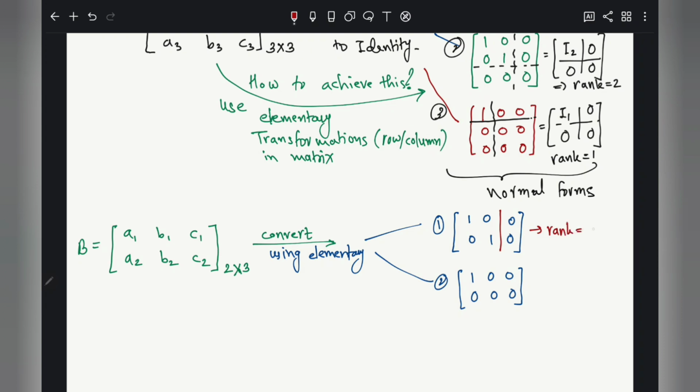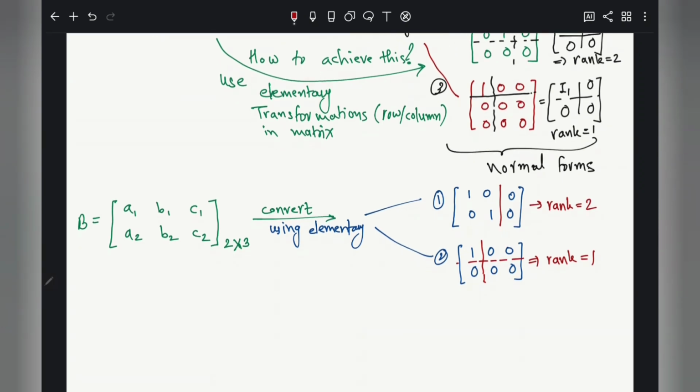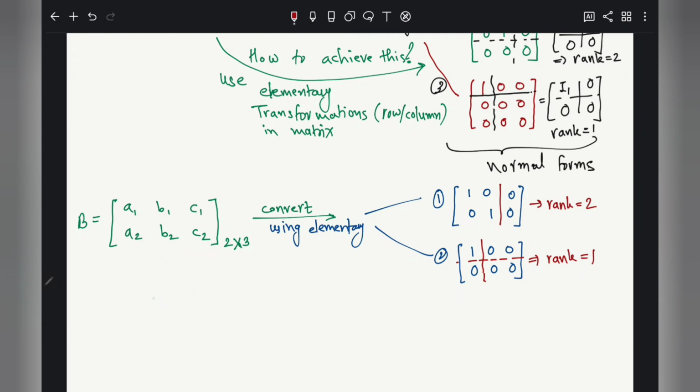In this case, if you see, this is the identity matrix that you have, and hence the rank will be 2. And here this is the identity matrix of order 1, so rank is equal to 1. All extra entries need to be 0. So the most important point that we can note here is that the rank of any matrix is always less than or equal to the minimum of the number of rows and columns present in the matrix.